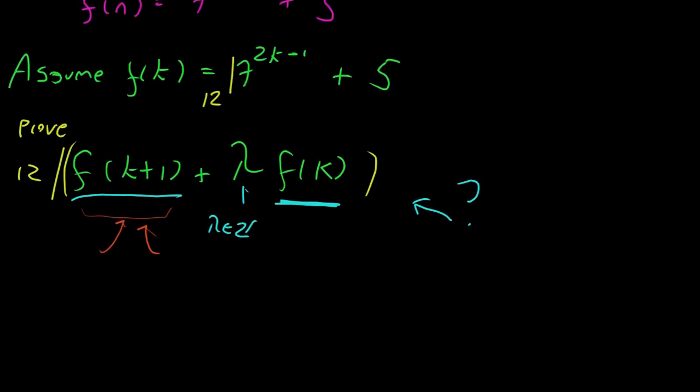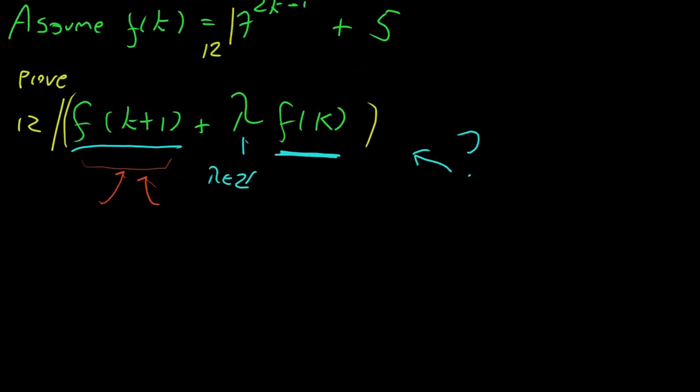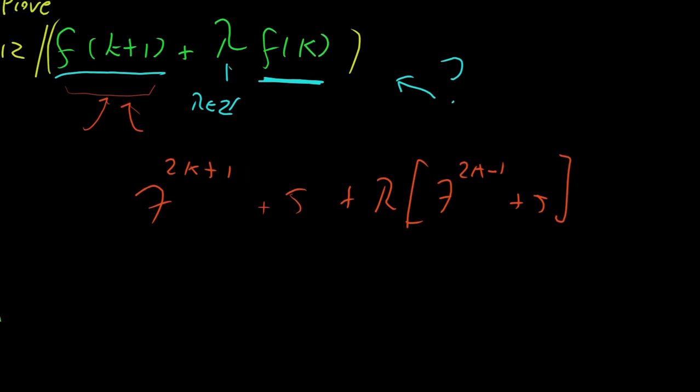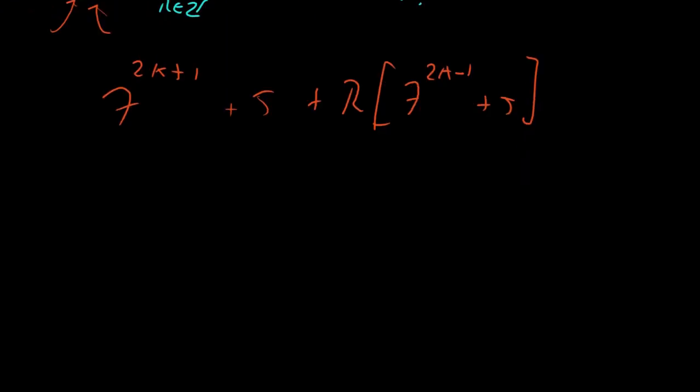And the reason why this is cool is because, well, let's write that. What is this thing? This is going to be 7 to the 2k plus 1, plus 5, plus lambda times 7 to the 2k minus 1 plus 5. Can I write that as anything simpler? I can. See, this lambda trick's actually very helpful.